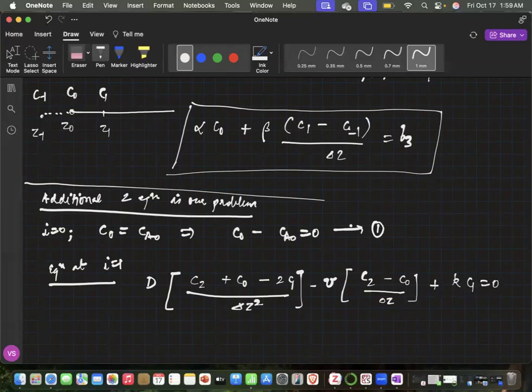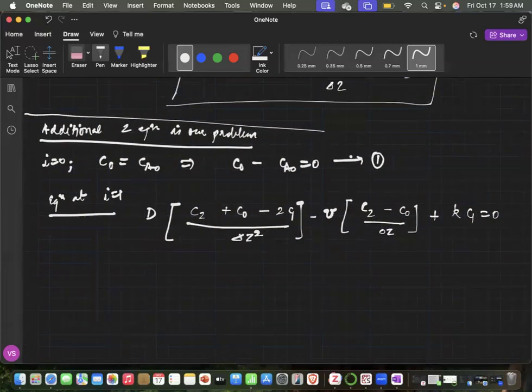That's the equation at i equals 1, right? So now what you know is that this value is known to be a constant, right?